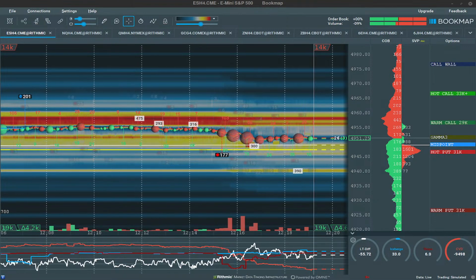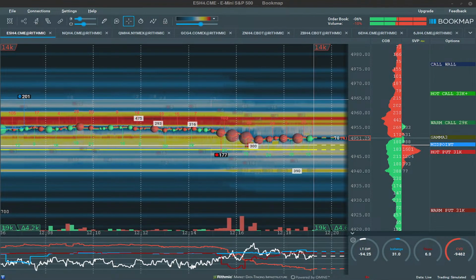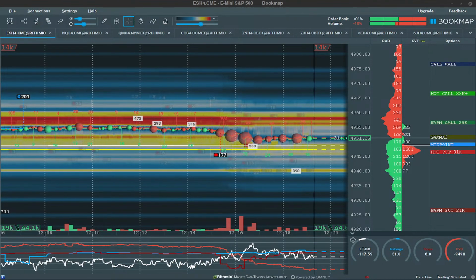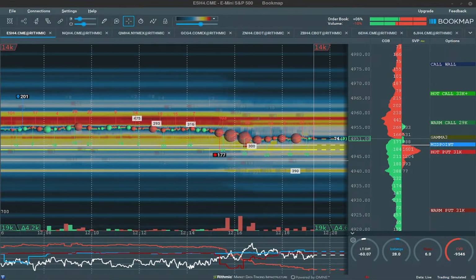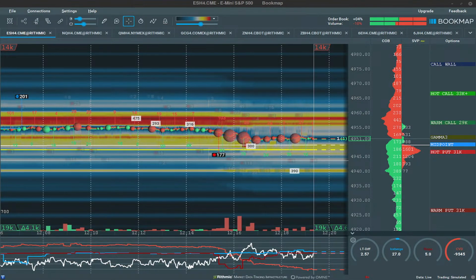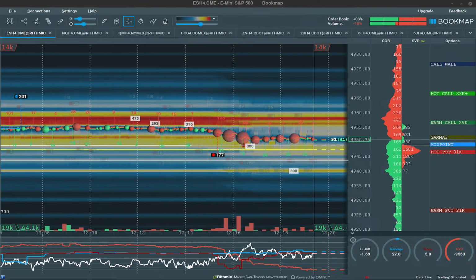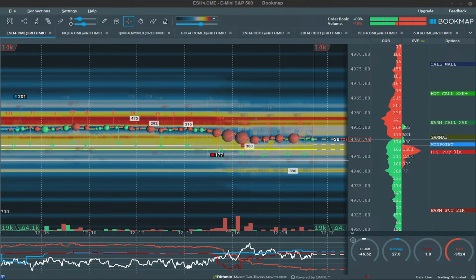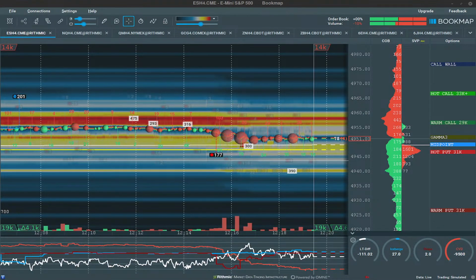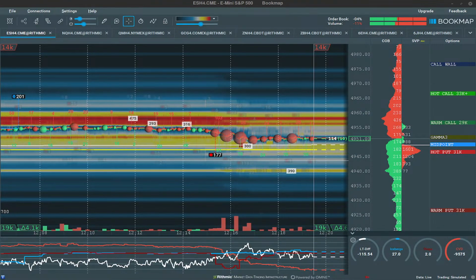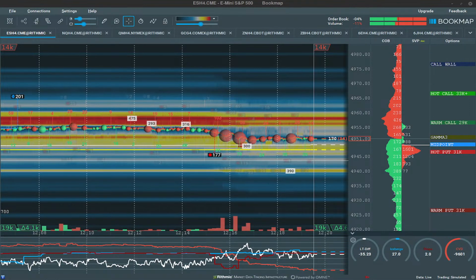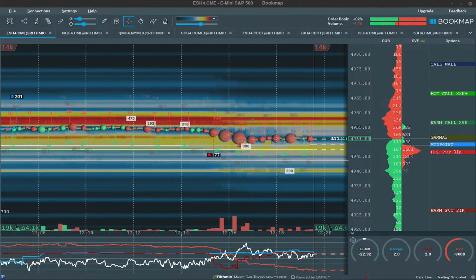So right now we can see it's a pretty balanced day, right? The two most active call strikes and the two most active put strikes are within 20% of aggregate volume from each other. So what does that tell you? It tells you that there's not a lot of huge impact coming from the options market, right? Because the distribution of these flows is pretty even.